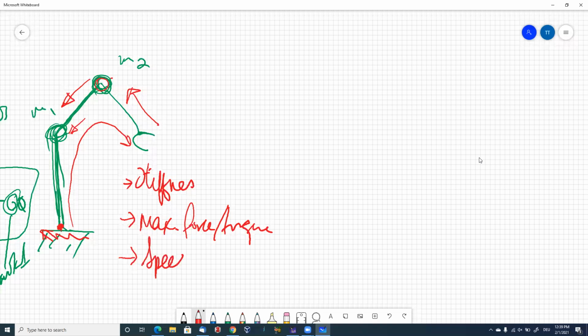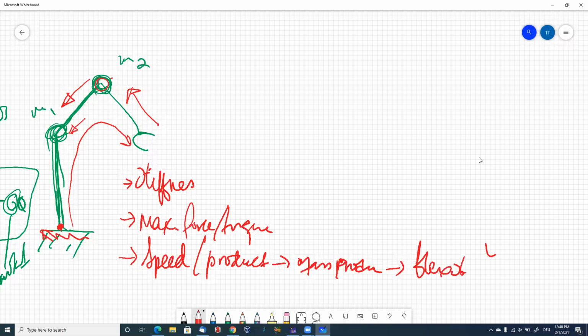So their speed or their productivity is really limited for mass production. They are really not suitable for mass production, but they are good enough for flexibility. Not for speed or productivity.